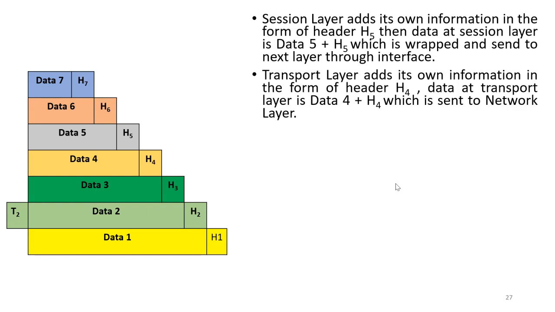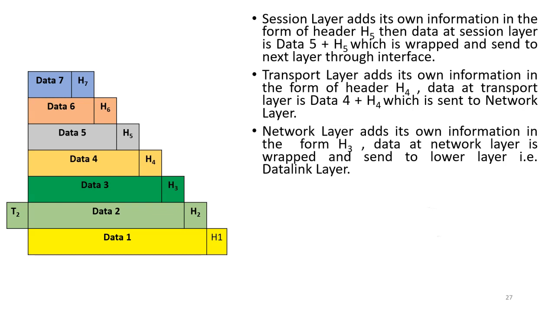This transport layer adds its own information in the form of header 4. Then data at the transport layer is data 4 plus header 4, which is wrapped together and sent to the next lower layer, that is the network layer, through the interface between the transport layer and the network layer by means of interlayer communication.